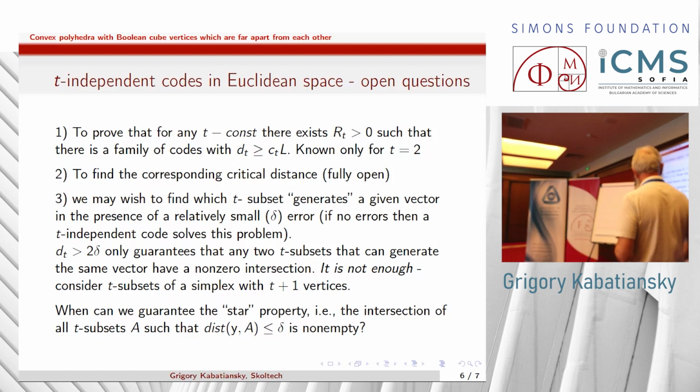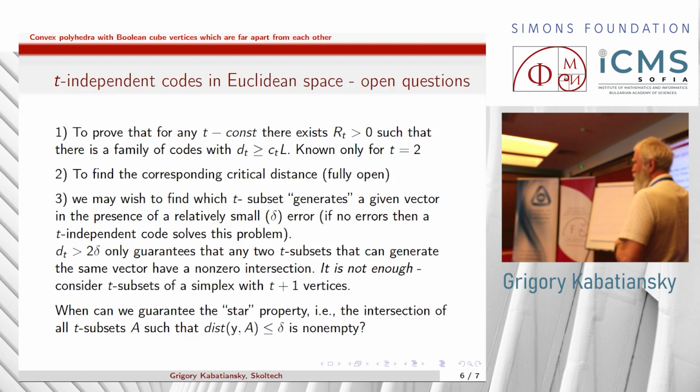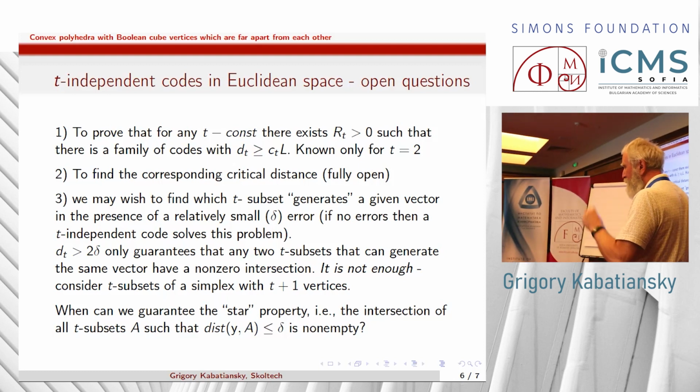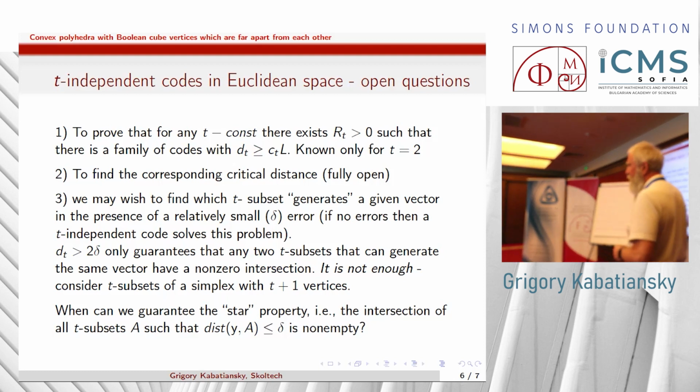So this is the third question. And it's in fact something that I promised to Sasha, that we will return to a problem which we solved for digital fingerprinting 20 years ago, but now in a different setting. So that's what I say, it should be a star property.